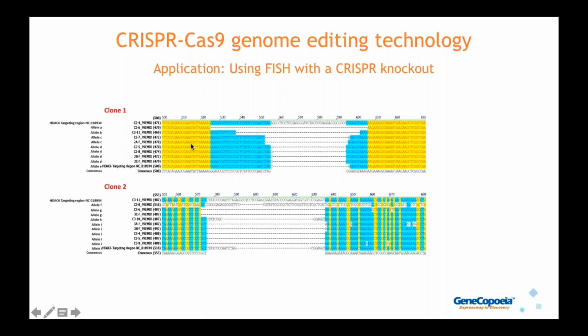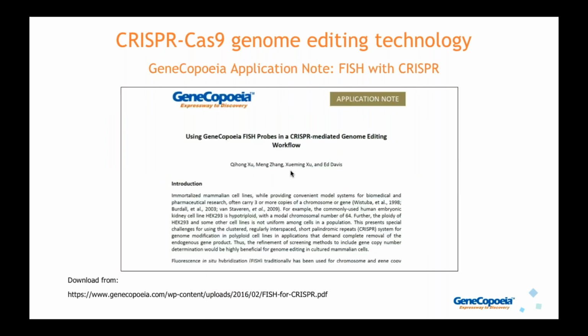I'm showing 2 different clones here, and these are the sequencing results of each of these clones. If you take the time to look carefully, you would find that there were 5 different alleles of this gene. So that's a great example of why doing a FISH experiment first to determine gene copy number is a good idea.